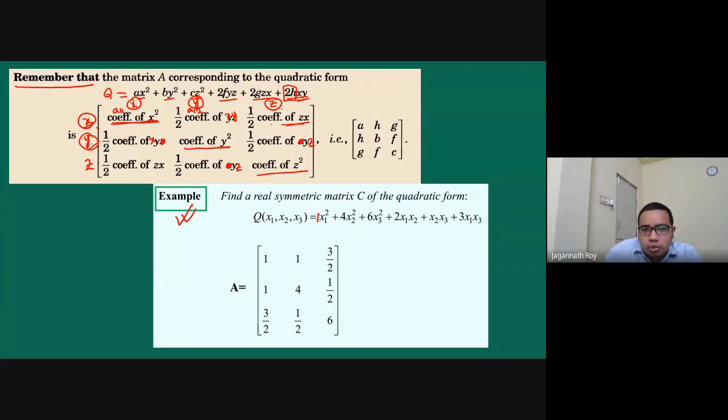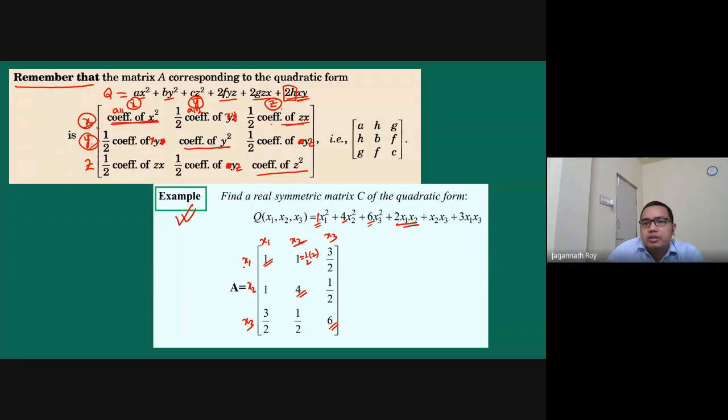Okay. So as an example, if we check, 1, 4, and 6 is there. Okay, these are the diagonal entries a11, a22, and a33. After that, this is x1, x2, and x3. So similarly, x1, x2, and x3. So x1 into x2, okay, half of this, so it will be 1. 1 is actually half of 2.